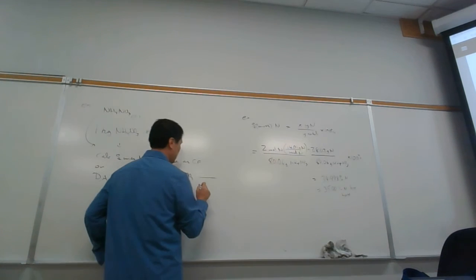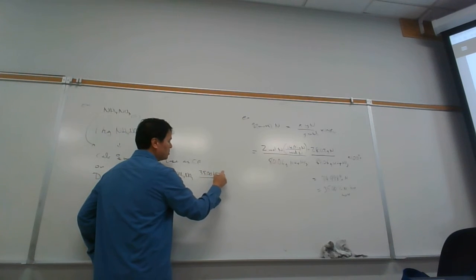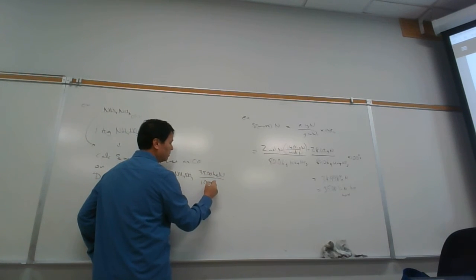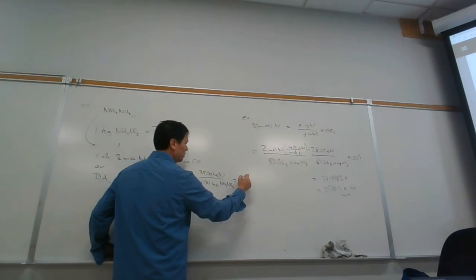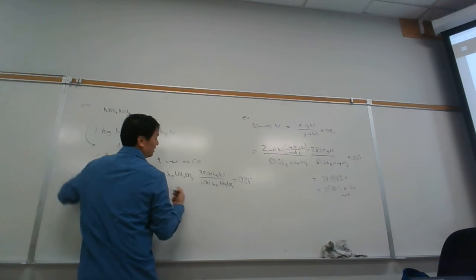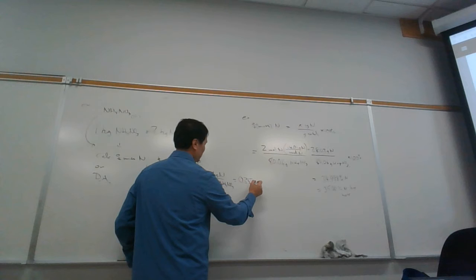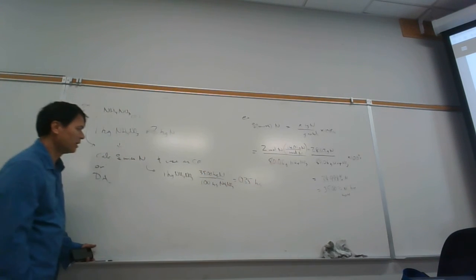What I could say is that I'm going to have 35.00 kilograms of nitrogen for every 100 kilograms of ammonium nitrate. And so this is going to give me 0.35. And I'm allowed how many sig figs? Well, it depends on how many figs I'm looking at. So 0.35 kilograms of nitrogen.